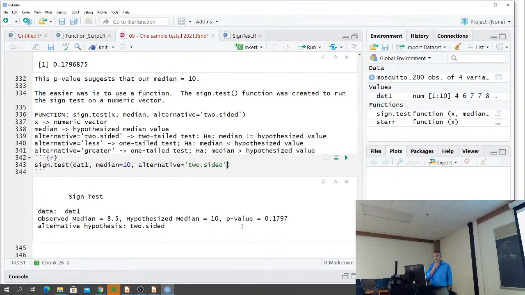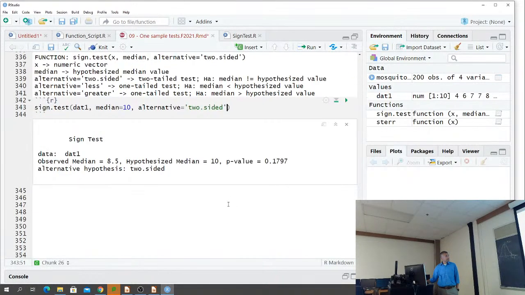I get this nice output. So it tells us the data set that we're using. This is dat1. The median of our actual vector is 8.5, which you might say, wow, that's kind of crazy because we only had, what, 2 values greater than the hypothesized value, right?